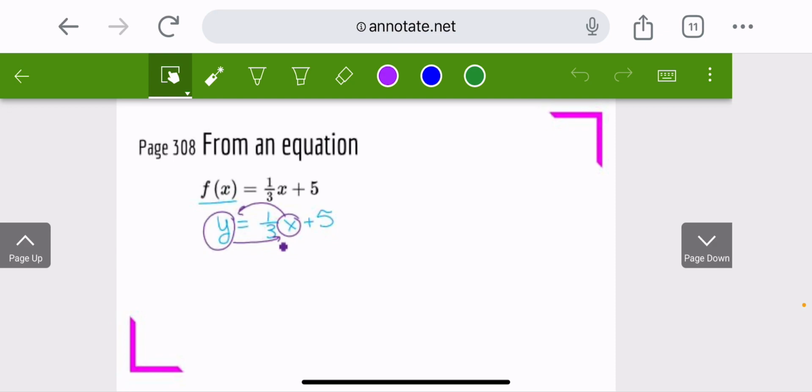Just the letters. Do not move any numbers, exponents, and nothing. X equals 1/3 y plus 5. That is the step that makes the inverse.